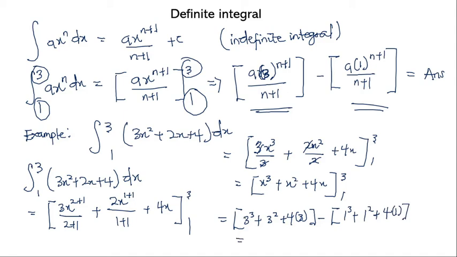If I do that, I'm going to get 48 over here, then minus, over here I'm going to get 6. So my final answer becomes 42. So if we integrate this function, the answer we get is 42. And this is an example of a definite integral, or this is how a definite integral looks.